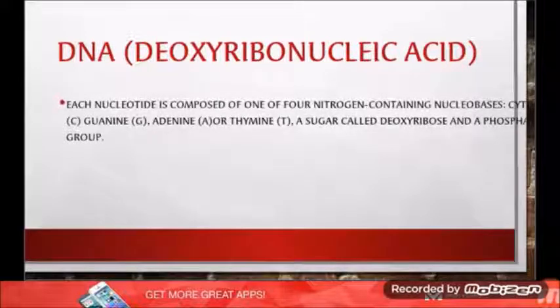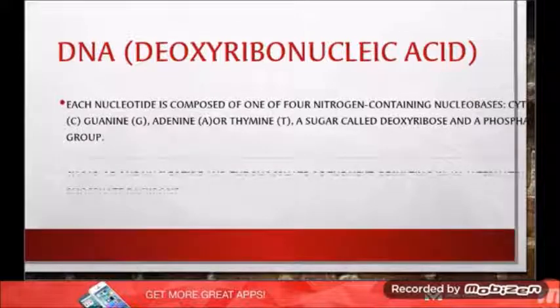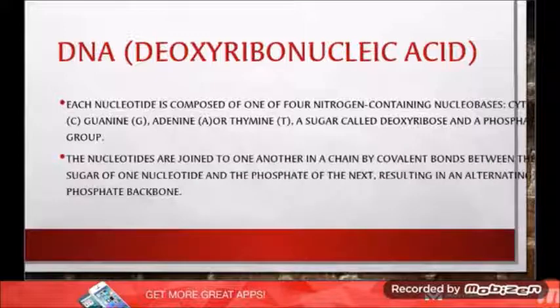Each nucleotide is composed of one of four nitrogen-containing nucleobases, cytosine, guanine, adenine, or thymine, a sugar called deoxyribose, and a phosphate group. The nucleotides are joined to one another in a chain by covalent bonds between the sugar of one nucleotide and the phosphate of the next, resulting in an alternating sugar-phosphate backbone.